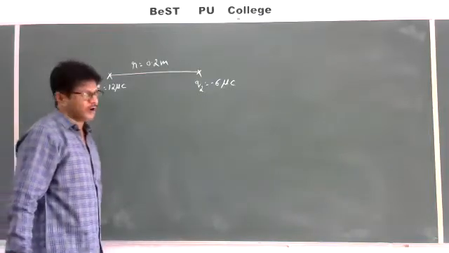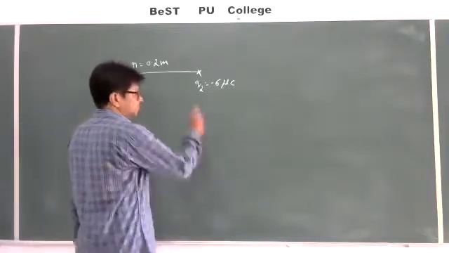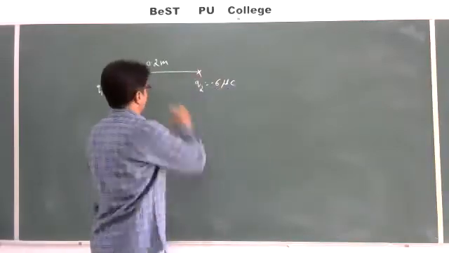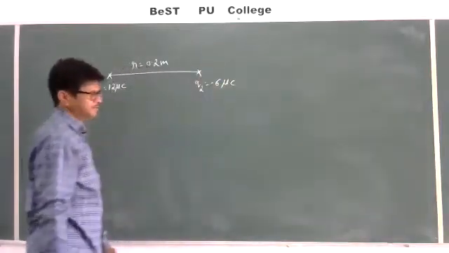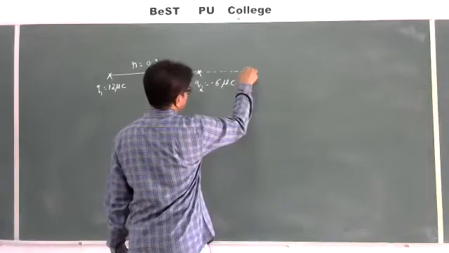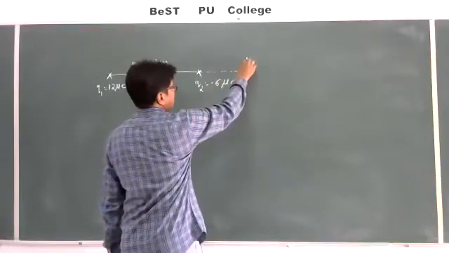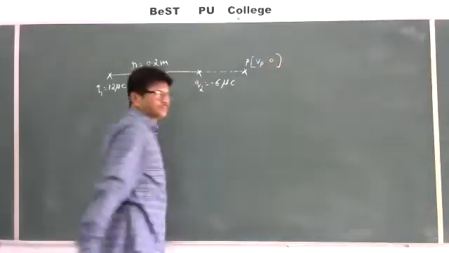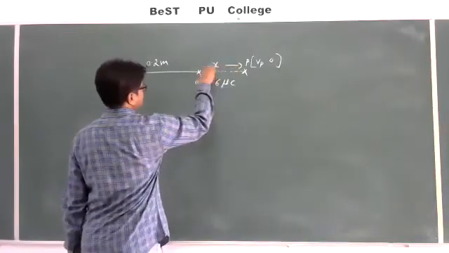Now he considered a point P, which is on the line joining the charges and outside of the region between them. Outside, he is considering one point. So he is asking us to find at what distance from this charge the point P will be there where the potential is zero. So he is asking us to find the x value.